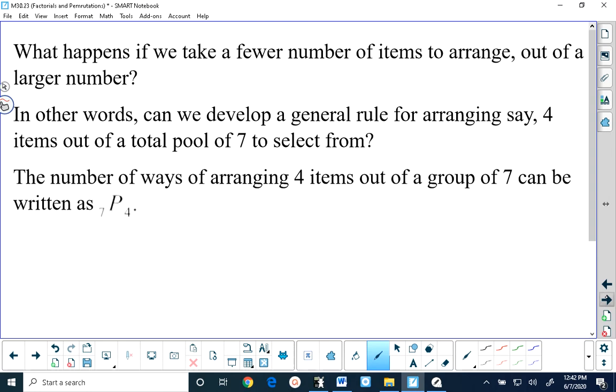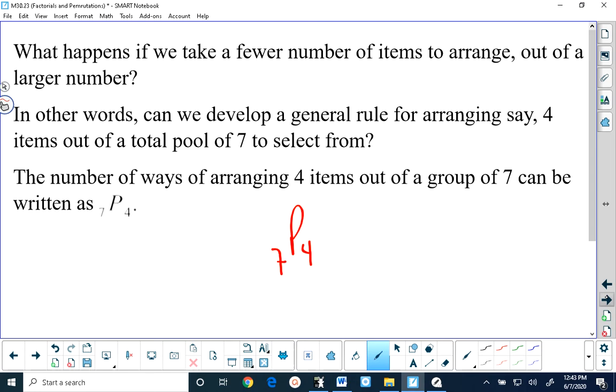Well, the number of ways of doing that can be abbreviated using that notation. Let me just write that a little bit larger. The 7 and the 4 are both subscripts, and then the capital P is written on the main line of text, and that is pronounced 7P4. And the P means permutation.